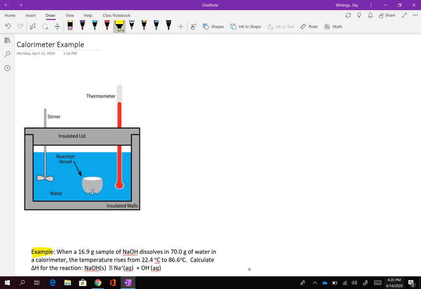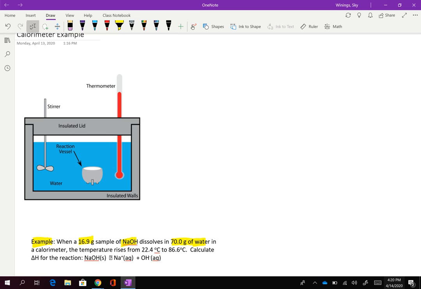It says you have 16.9 grams of sodium hydroxide. You've got 70 grams of water. So let's start labeling things. Of our water, we have 70 grams. I could have written 70 milliliters. It would have been the same. You just have to remember that once again, a milliliter always equals a gram.